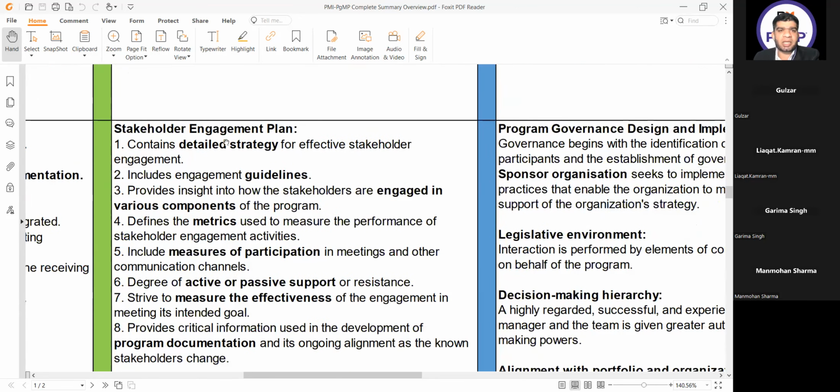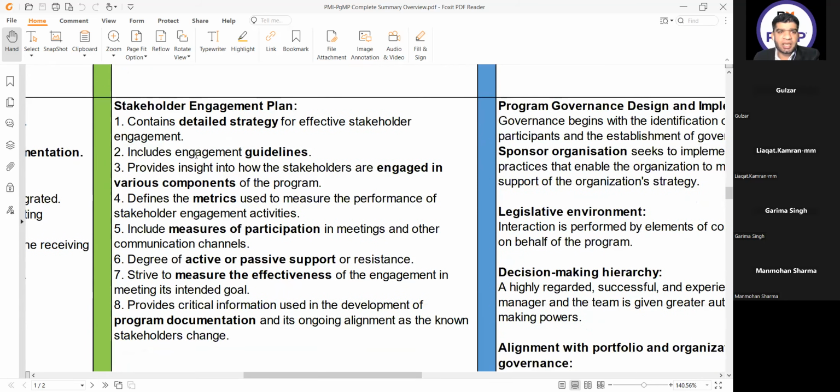The output of this is the stakeholder engagement plan. What it contains: a detailed strategy for effective stakeholder engagement, including engagement guidelines. It provides insight into how the stakeholders are engaged in various components of the program.